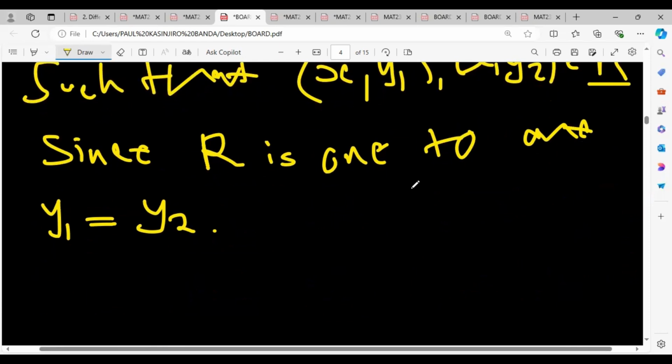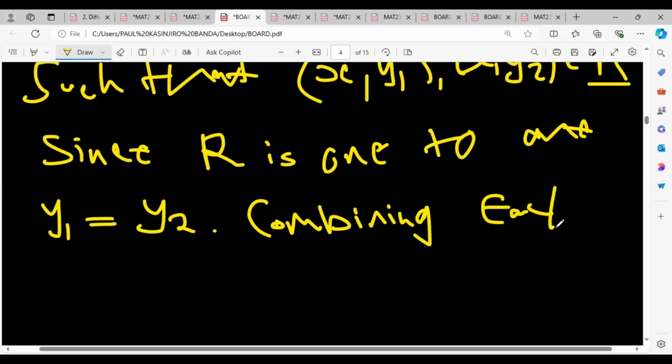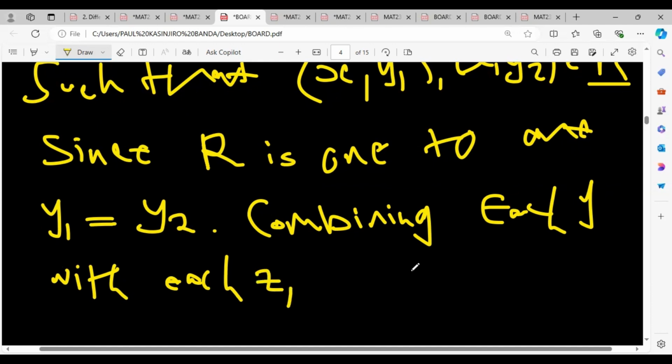We can actually combine each of these y values with those z values that we have. So combining each y with each z, we get the coordinates.